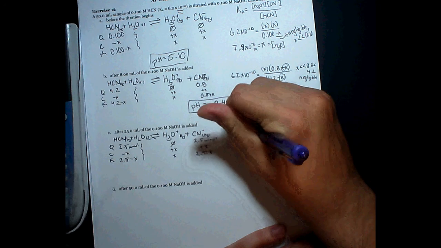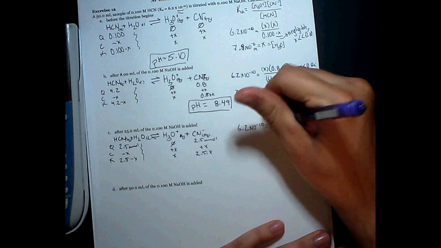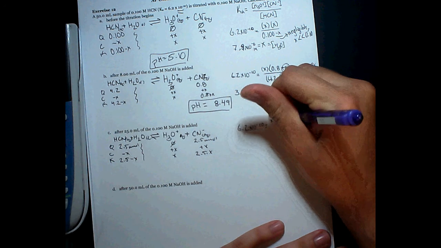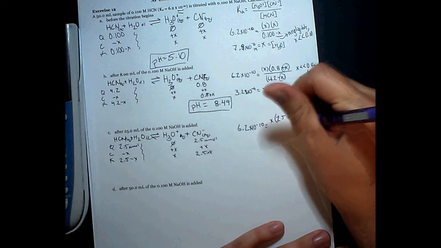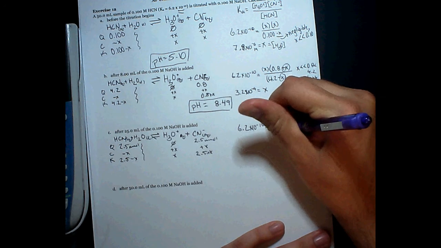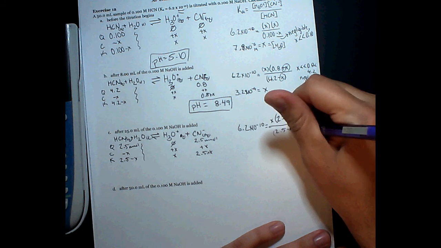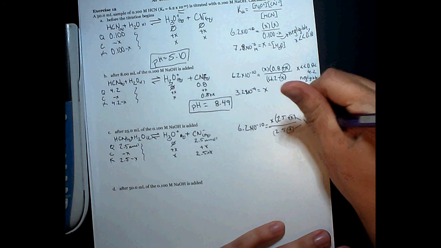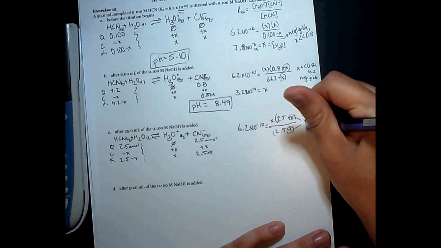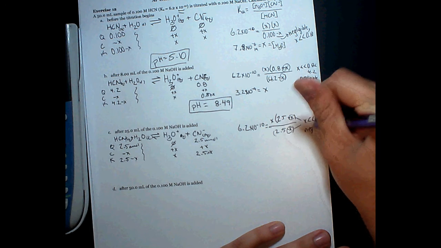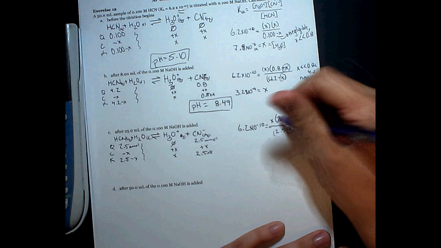So we have 6.2 times 10 to the negative 10th is equal to x times 2.5 plus x, divided by 2.5 minus x. What can we say about those x values? We can say that x is much less than 2.5, so it's negligible. Okay, so then we have 2.5 divided by 2.5.